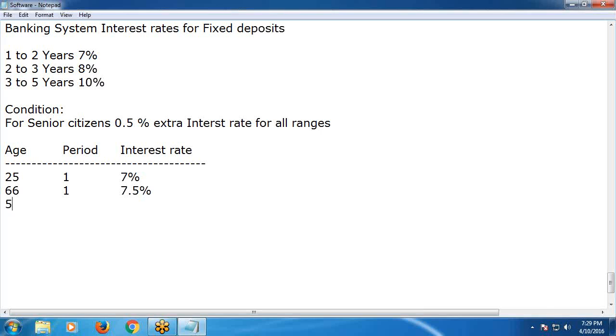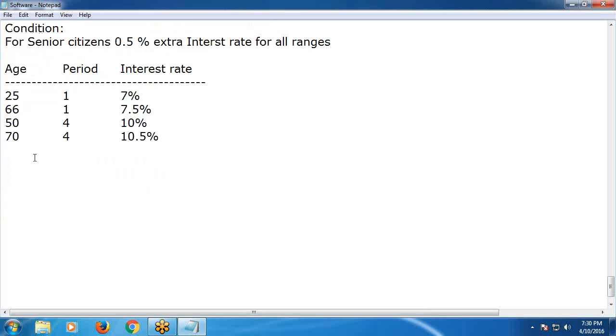Suppose 50 years, 4 years period, 10% interest rate. Suppose 70 years, same 4 years, interest rate 10.5%. See, it depends on this condition, expectations vary. For that, we need to use decision tables.